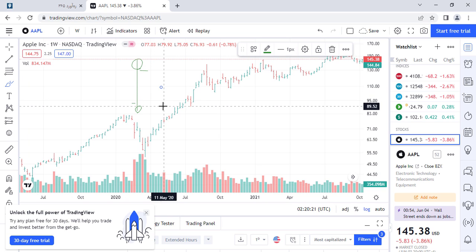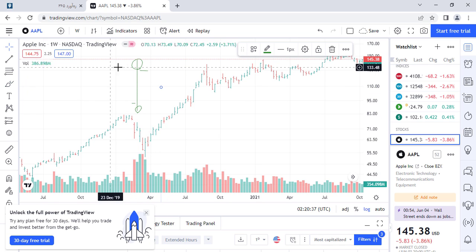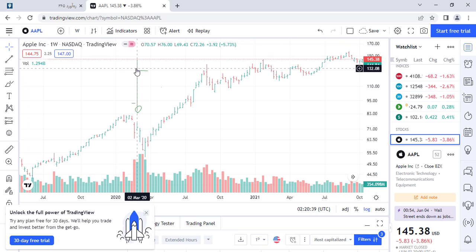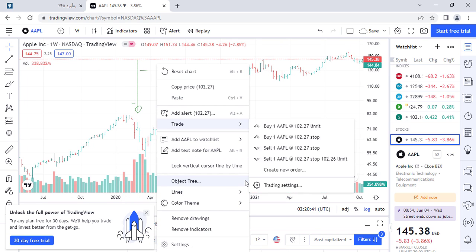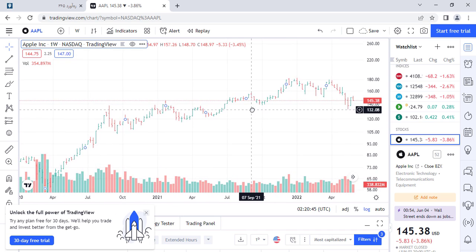This is the bar chart, a bar candle. I don't know what to call these types of charts. I don't use these. Let me remove these things.